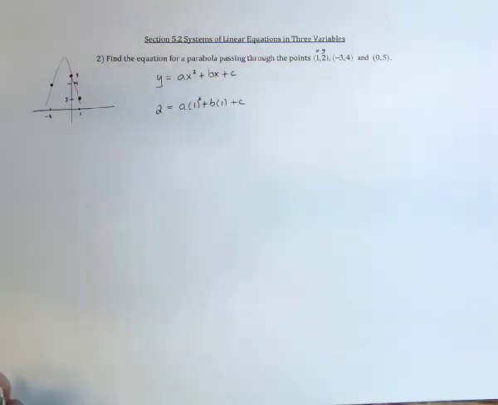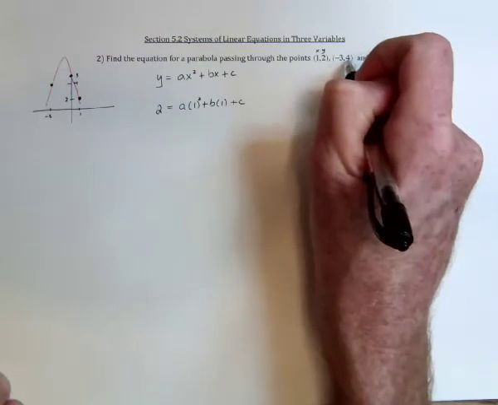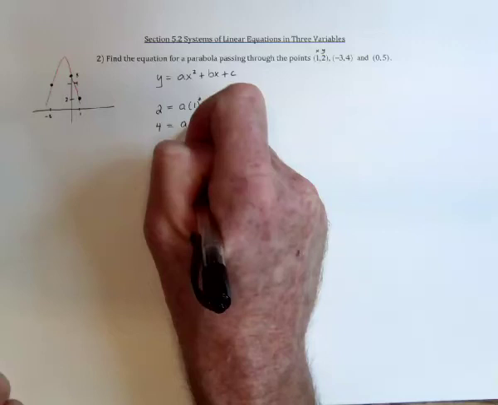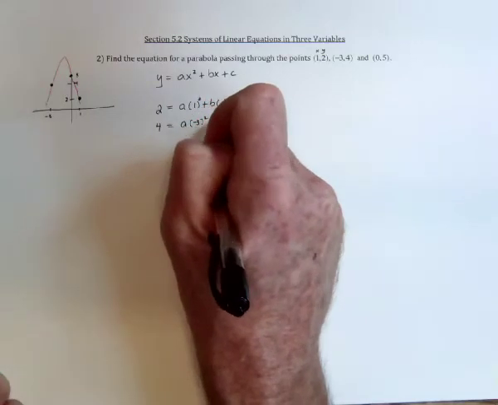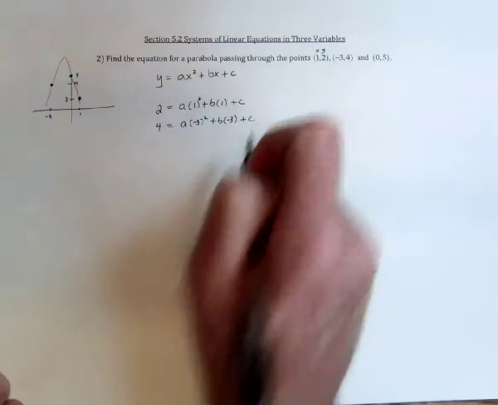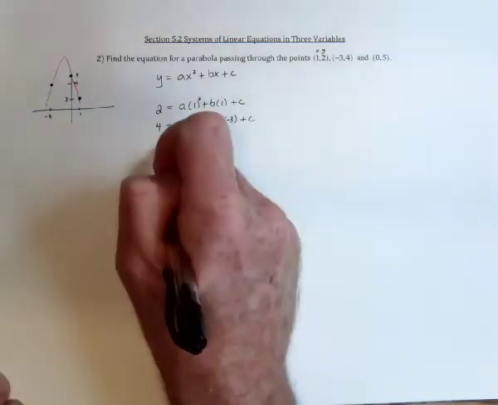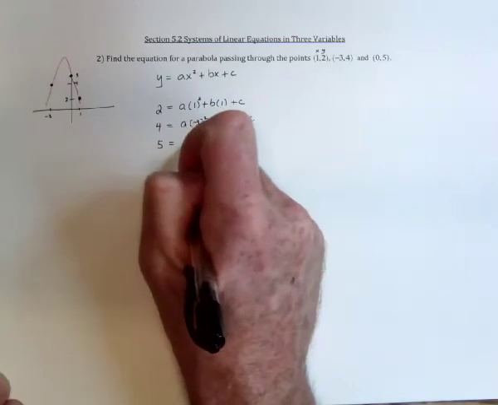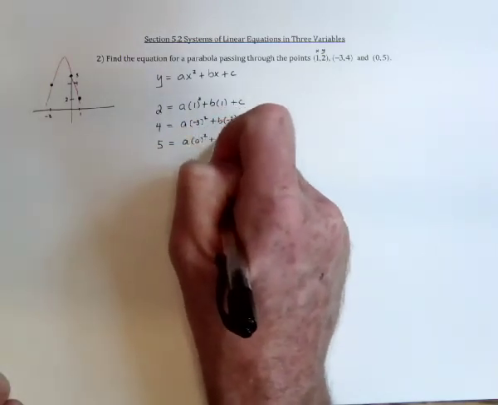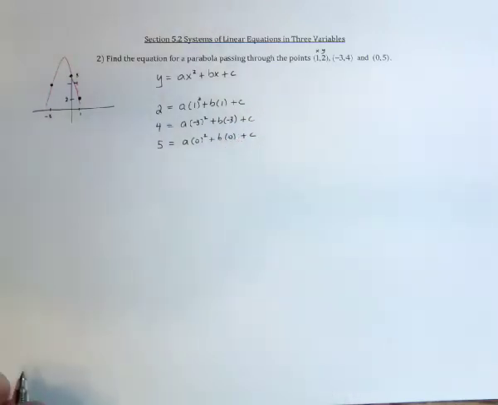So there's the first equation. And now substitute that x is -3 and y is 4. So we have a times (-3) squared plus b times (-3) plus c. And then finally substitute the 0 and 5. So 5 for the y value, and then a times 0 squared plus b times 0 plus c.